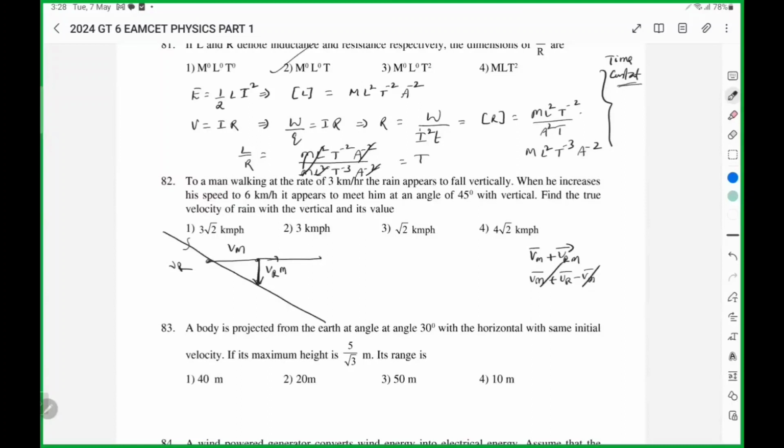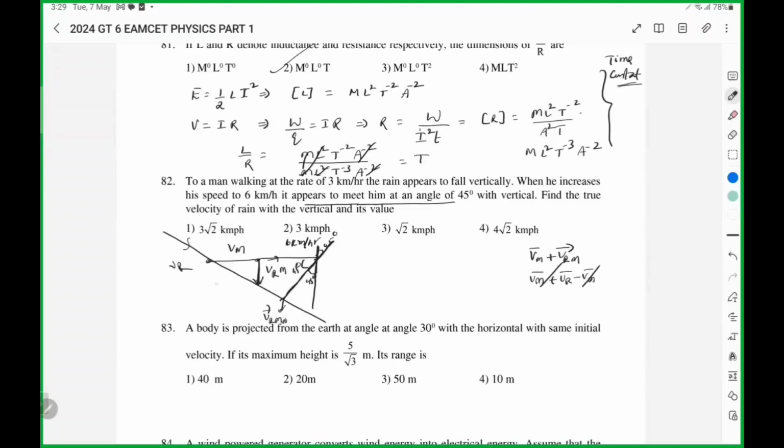Once he increases his speed to 6 kilometers per hour, it appears to meet him at an angle of 45 degrees with the vertical. So it is 45. This is the velocity of rain with respect to the man's new speed.